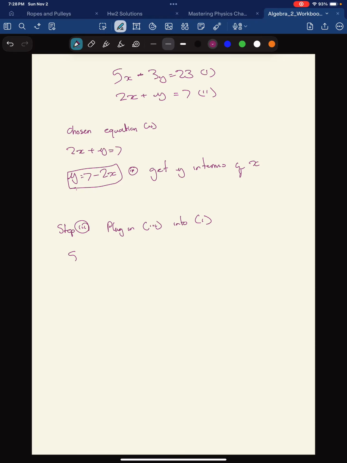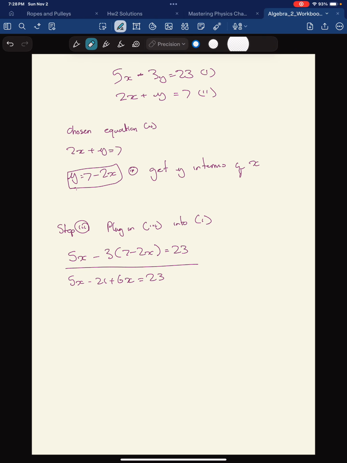I'm going to have 5x minus 3 times (7 minus 2x) equals 23. Now you see I have all x terms. So now it's simple, I can solve for x. So 5x minus 21 plus 6x equals 23. Let me get rid of this line, it's feeling a bit weird.